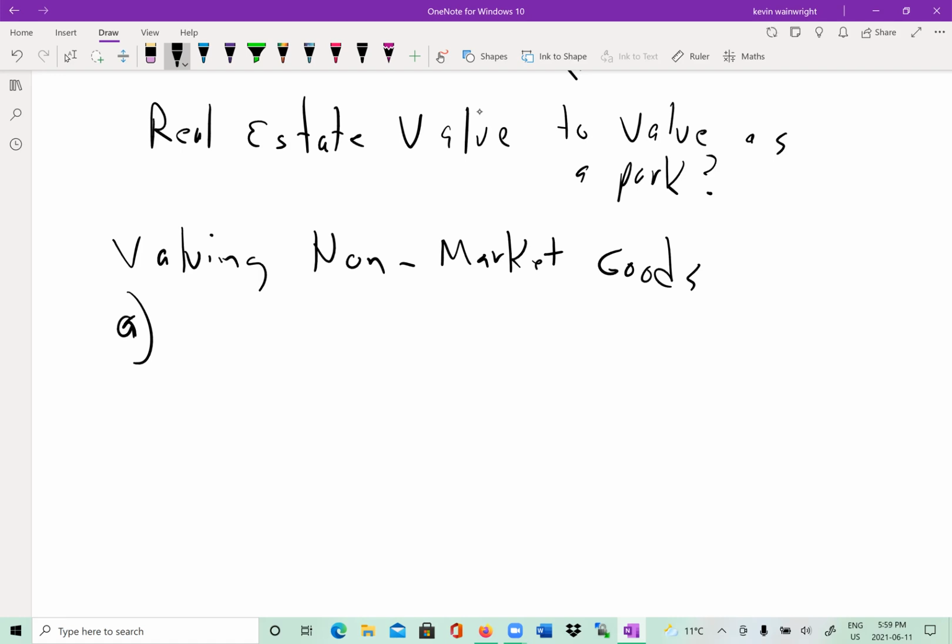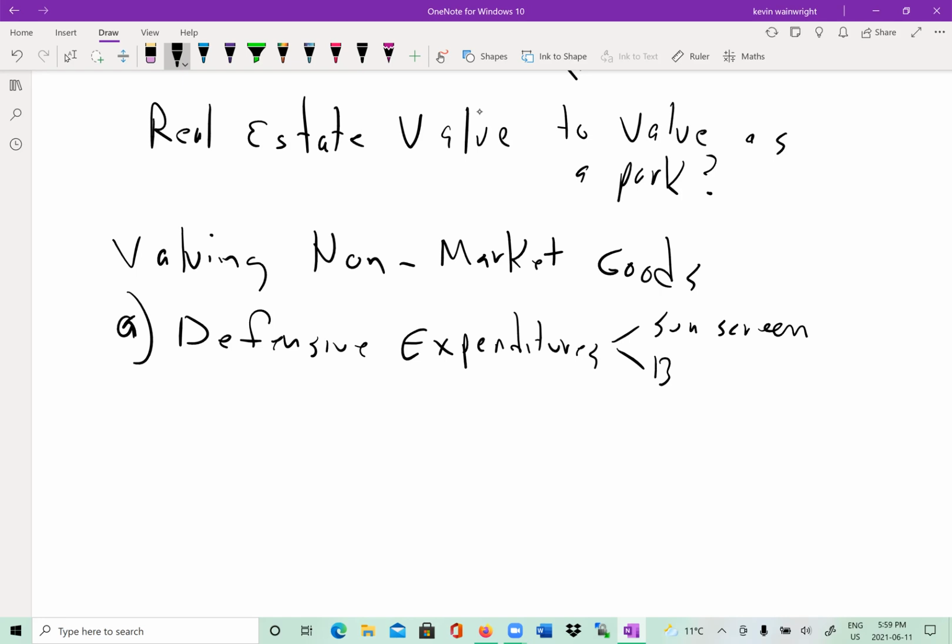A, we engage in what's known as defensive expenditures. Okay, so we buy sunscreen. We buy bottled water.